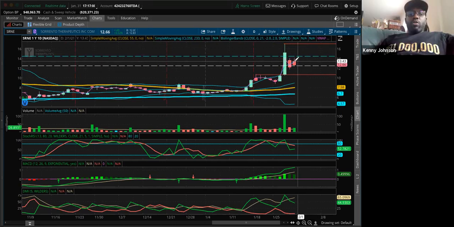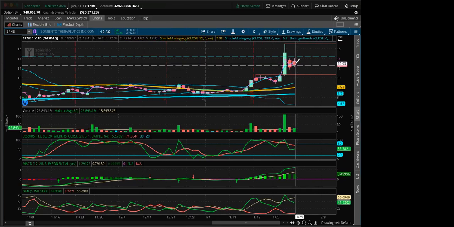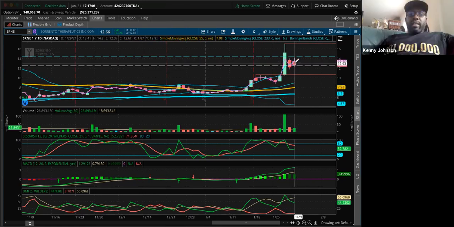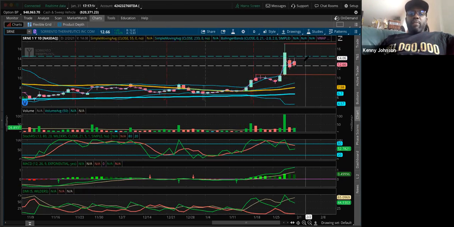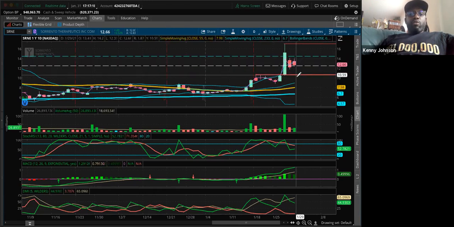Because also take notice, look where it's trading in the Bollinger Band. You know what I'm saying? It's at the top part of the Bollinger Band. It's outside of the Bollinger Band. So the bands are going to have to trade up if it's sustainable. If it's not, then it's going to retrace back down as low as, let me see, this middle band is around $8.